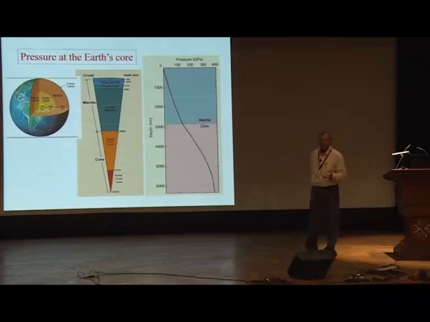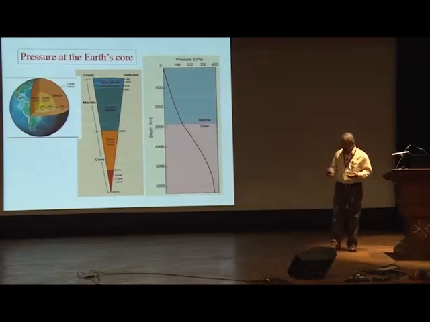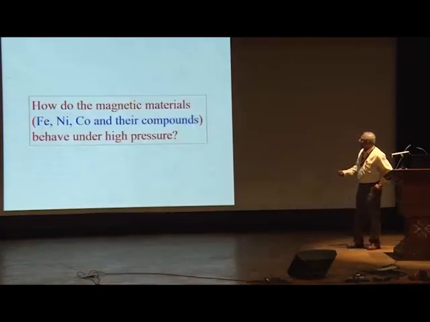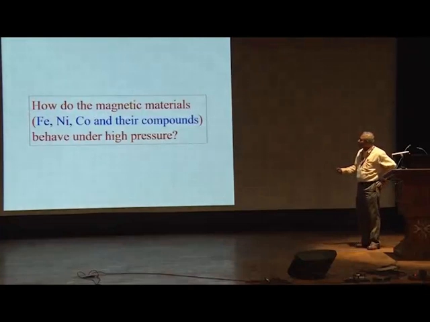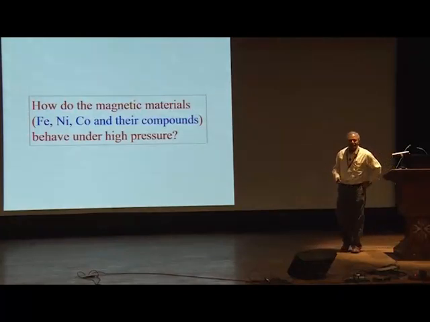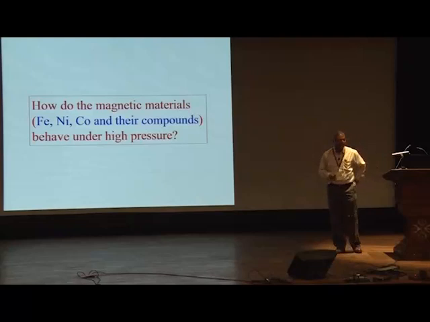How is their magnetism affected by pressure? This was a question of importance in geomagnetism. So the question is, how do the magnetic materials iron, nickel, cobalt, and their compounds behave under high pressure? That's why lots of high pressure experiments have been going on with these kinds of materials.